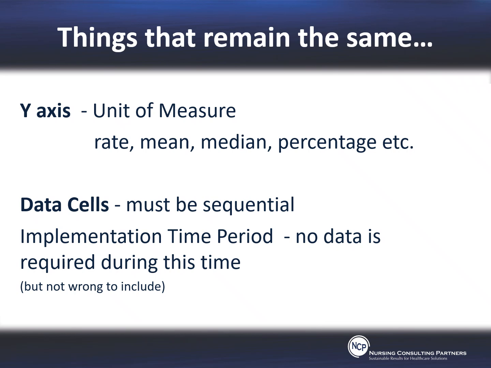So you put in the rate, the mean, the median, or the percentage. The data cells, they're the same. They need to be sequential, and there's often errors made there. And the implementation time we're going to talk about, do you put data in there or no data? And that's really a preference of your organization. I'll talk about that a little bit more.